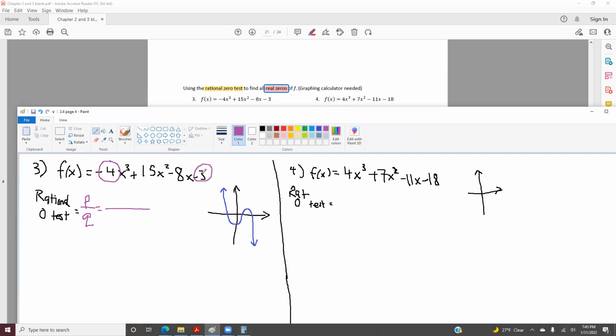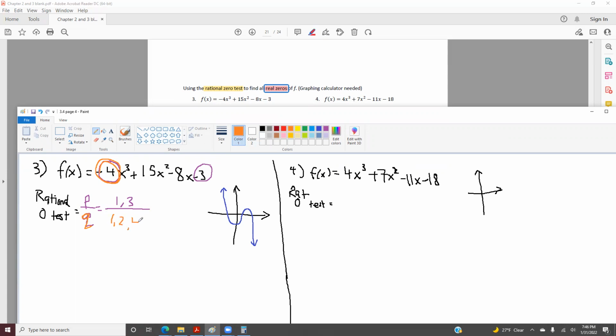Isn't it just 1 and 3? Just 1 and 3. Yep, because 3 is the only one that goes in the P. And Q is the 4. Again, ignore the negative. So what goes for the Q? What factors go for 4? One, 2, and 4. Yep, 1, 2, and 4.